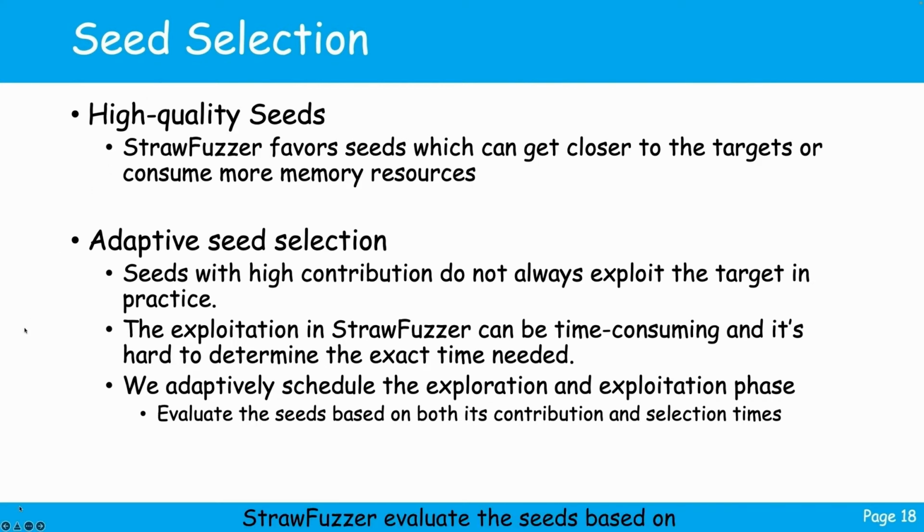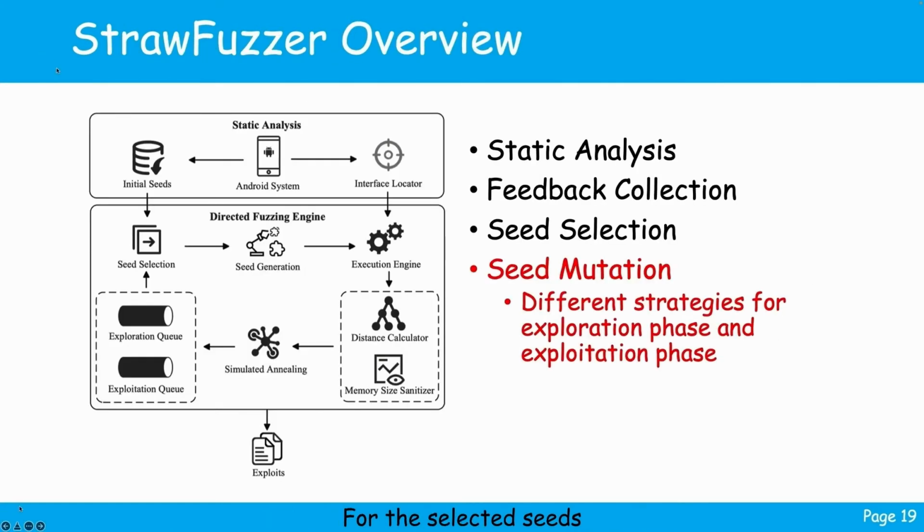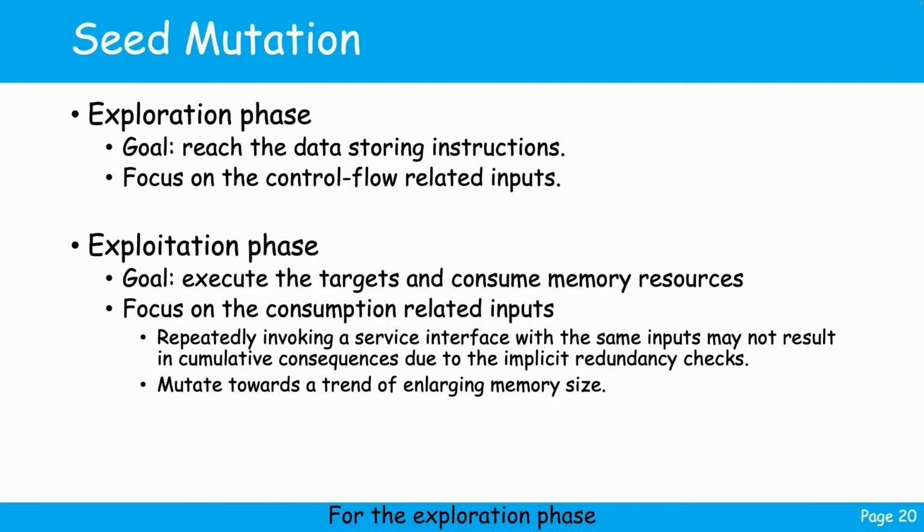Specifically, StrawFuzzer evaluates the seeds based on both its contribution and the selection times. For the selected seeds, we use different mutation strategies for exploration phase and exploitation phase. For the exploration phase, the goal is to reach the fuzzing targets, so we focus on the control flow related inputs of the tested interfaces in this stage.